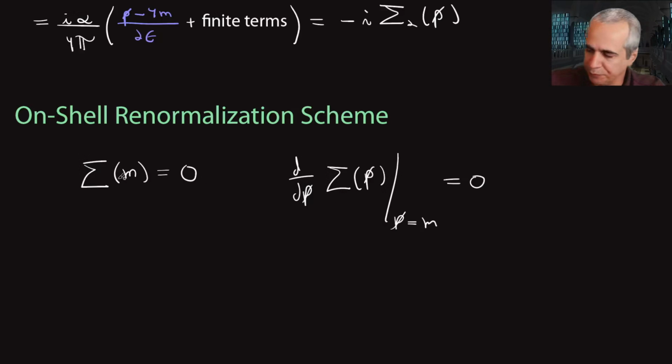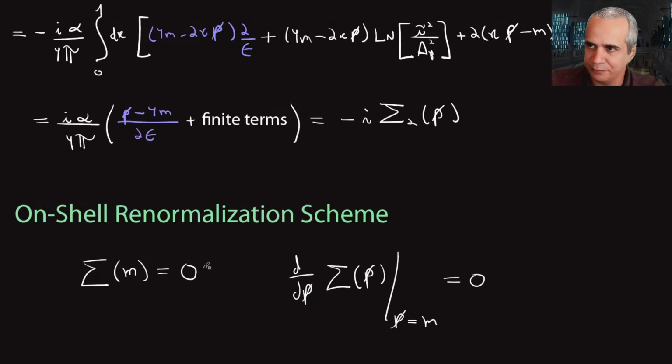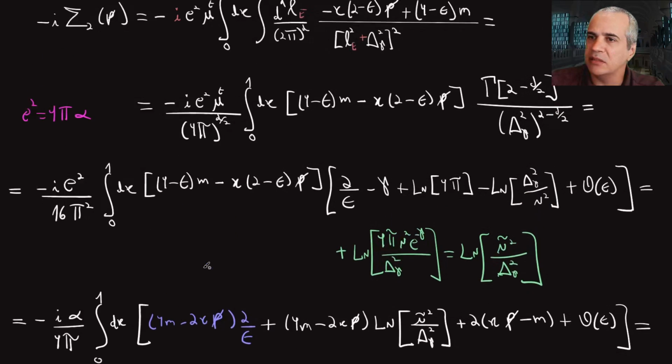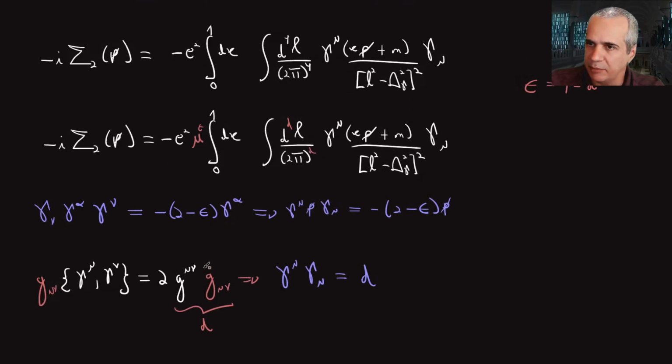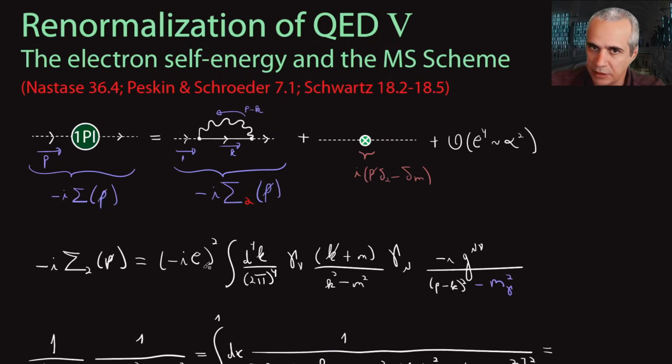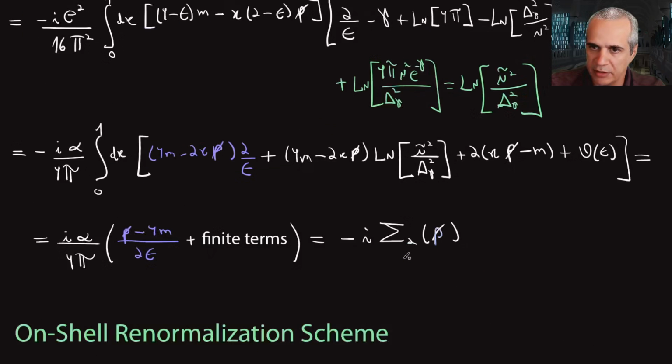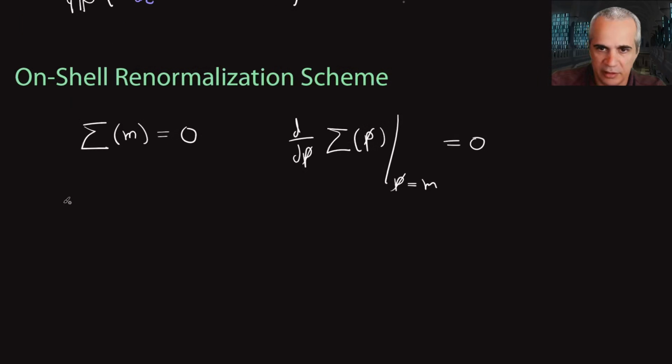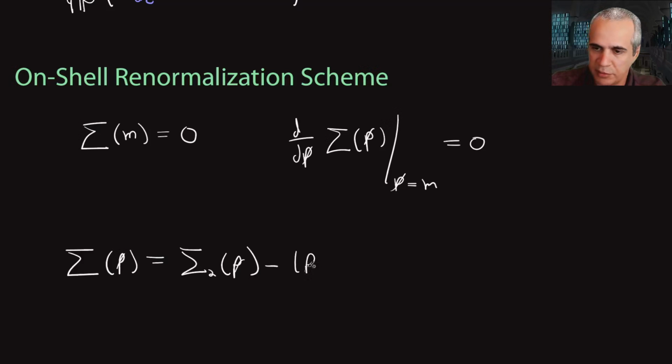Remembering that this sigma, the complete sigma, is given by this sum, right? Let me go all the way to the top here. So sigma is just the sum of sigma 2, with a minus between these two, so sigma 2 minus this contribution. So I can write this here: sigma of p slash is just sigma 2, which is the one loop contribution, minus p slash delta 2 minus delta m.